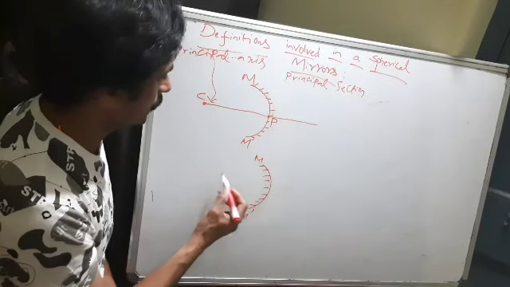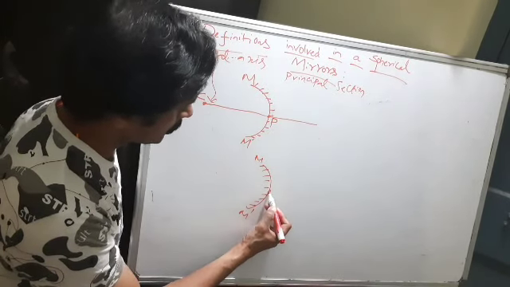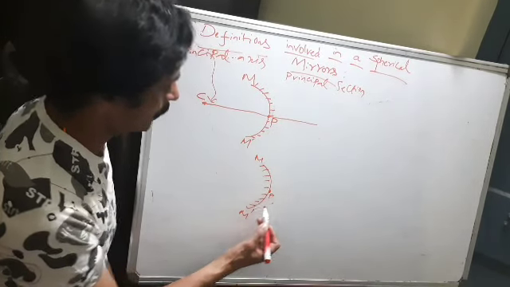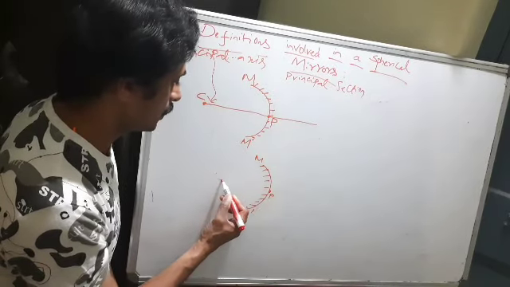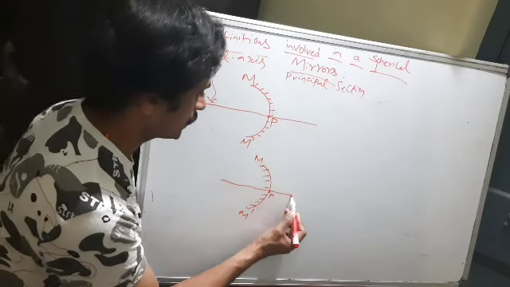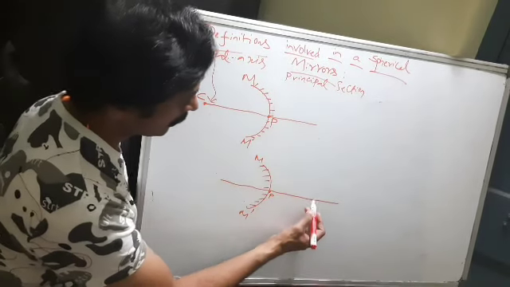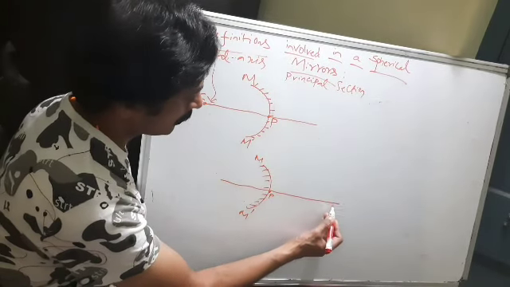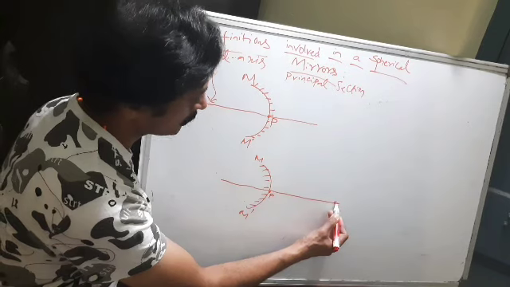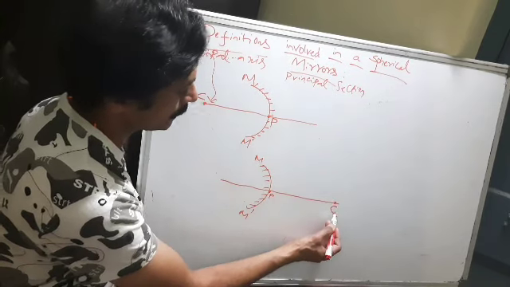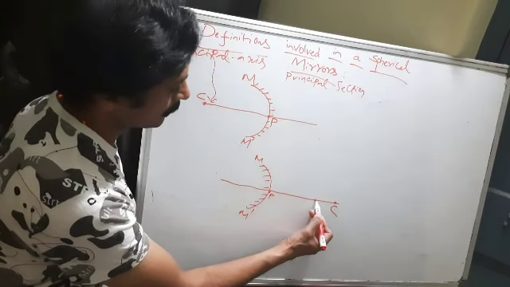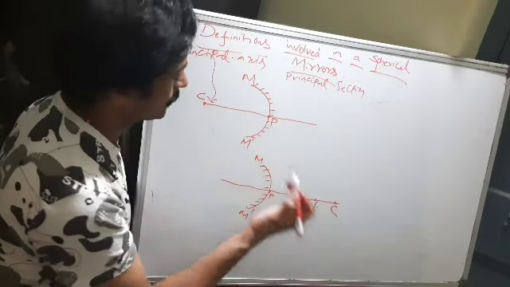This is the convex mirror. Let us take this as the polar vertex. Then this is the principal axis line, and let this be the center of the mirror C, and let this point be the principal focus.